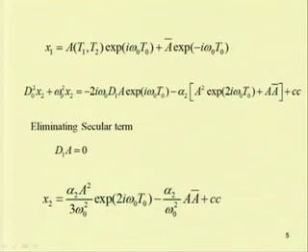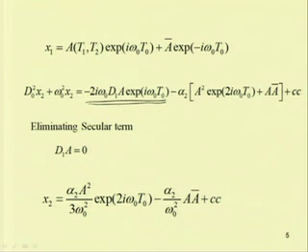we get the equation in this form, and one can see that this is the secular term. That means the presence of this term will lead to an infinite response, so one has to eliminate it.